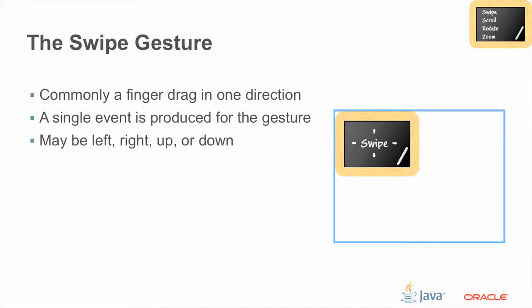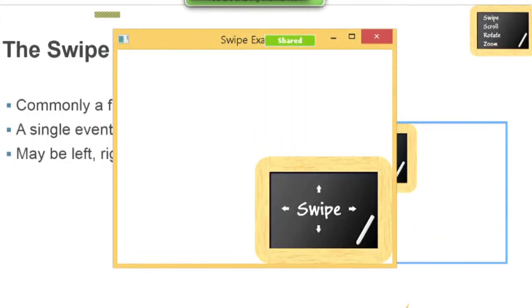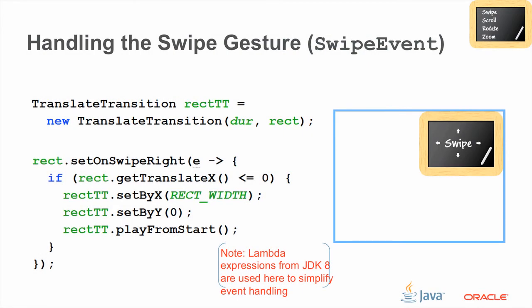So a swipe gesture is where you can either use your mouse or your finger and swipe left, right, up, or down. And so here's an example of that. And here's the code behind that. We're creating a TranslateTransition, which is an animation technique for being able to move something, a node, from one place on the screen to another over some given period of time.